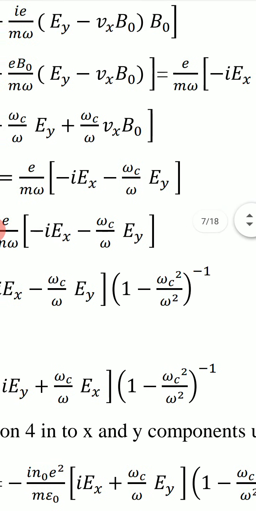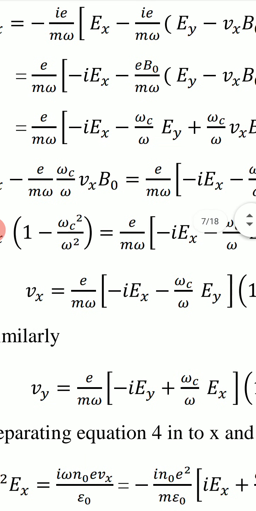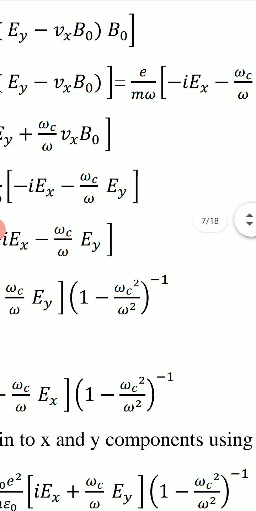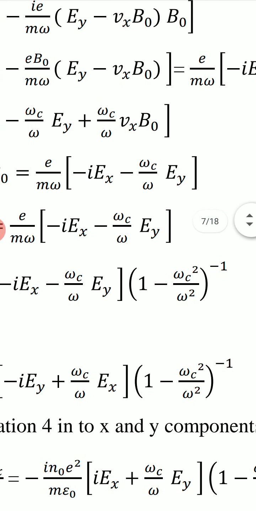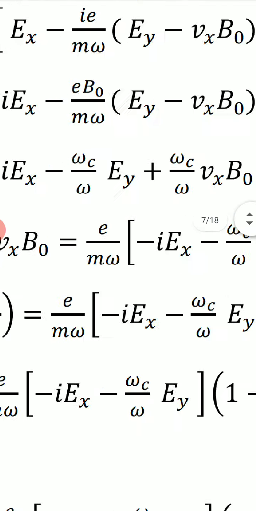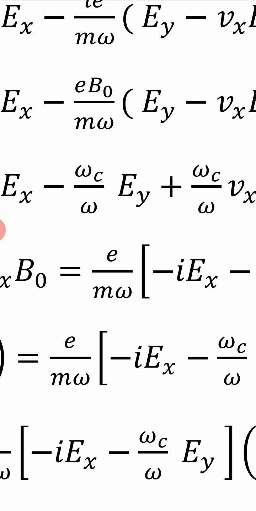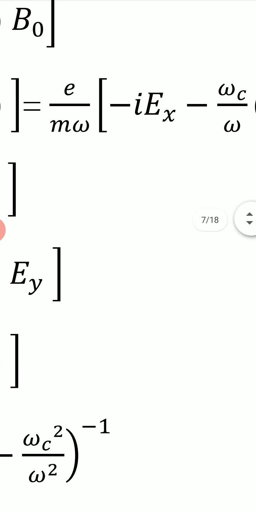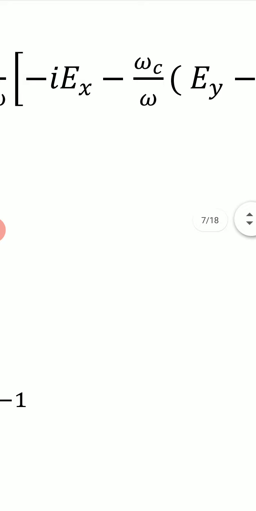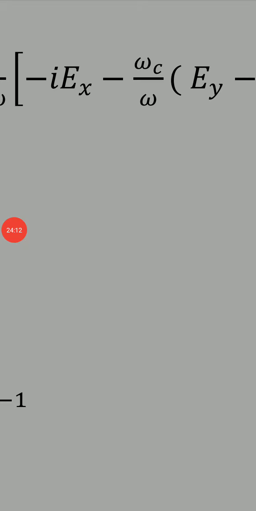Now this e B0 upon m is written as omega c. It is the cyclotron frequency of electron.